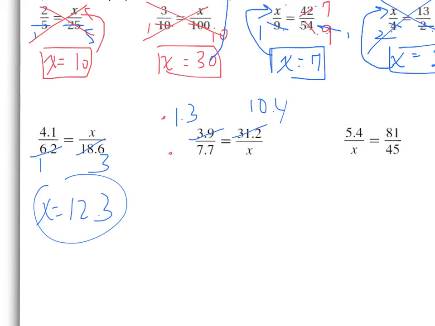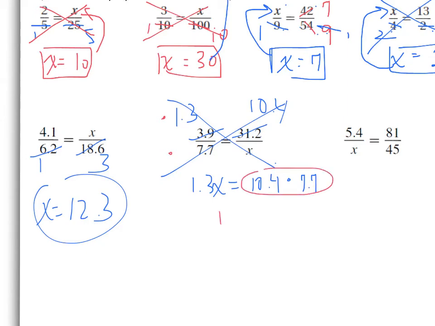So I can do cross product. So 1.3x equals 10.4 times 7.7. So here we need to do some multiplication. So I'm going to work it out. 28, 7, 28, 7. I get 8, 10, 10, 8.